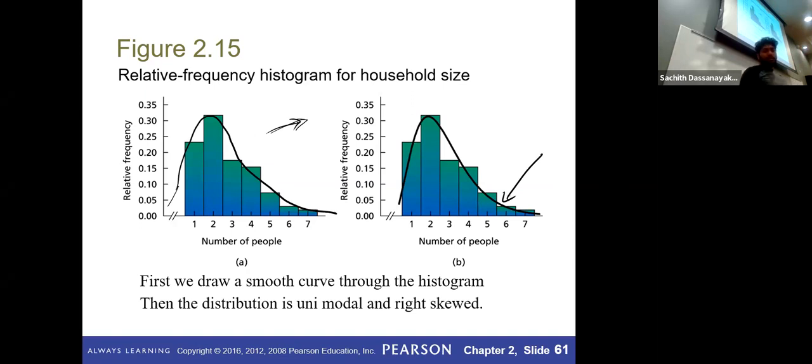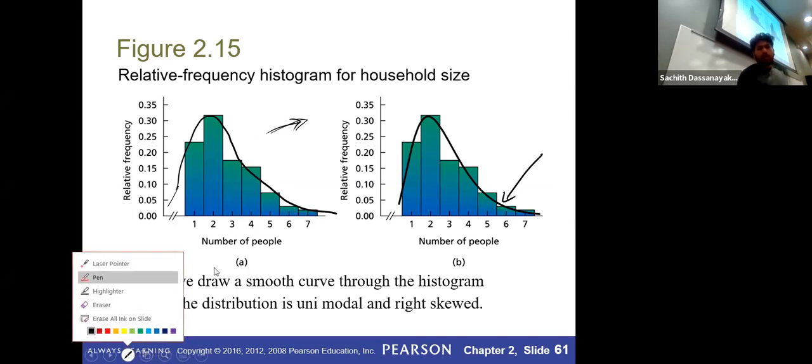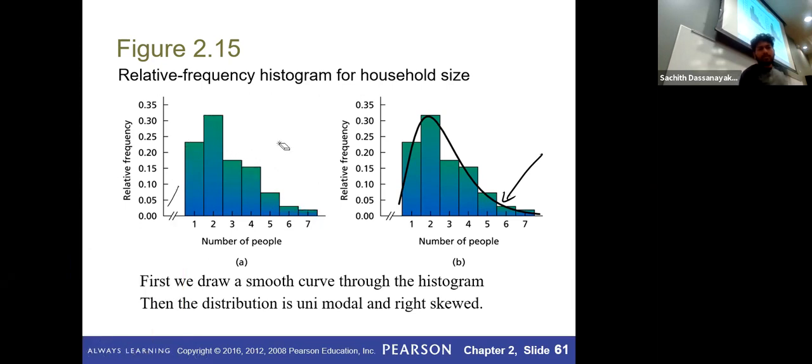So this is what I told you. If you have a problem like this, where I have given you one histogram, and I'm telling you to find the distribution of that, you have a few answers like right skew, left skew, symmetric, or rectangular shape. So how do you find it? Simply imagine the smooth curve like that. Simply imagine it goes like this and going down.